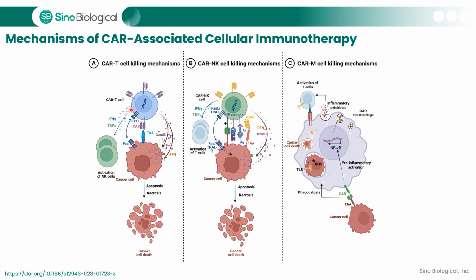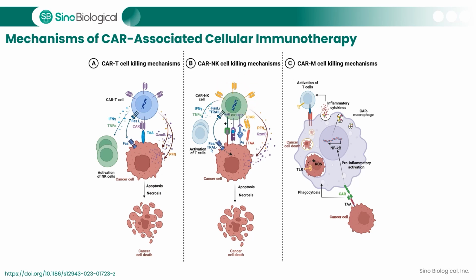For CAR T cells, activated CAR T cells can recognize the tumor-associated antigens expressed on the tumor cells, and cytotoxic activity of the CAR T cells is mediated by GZMB and PFN, and activation of the death receptor pathway, such as FAS or FASL, can further induce tumor cell apoptosis and necrosis.